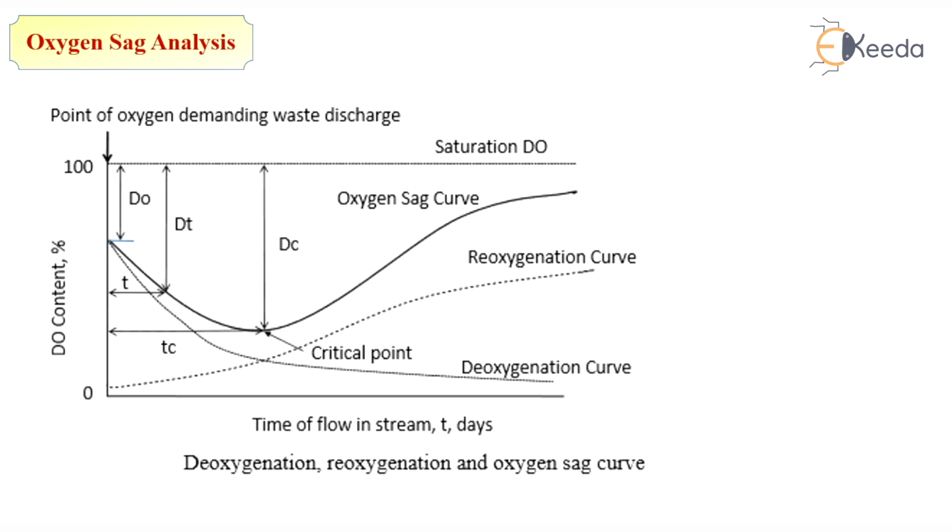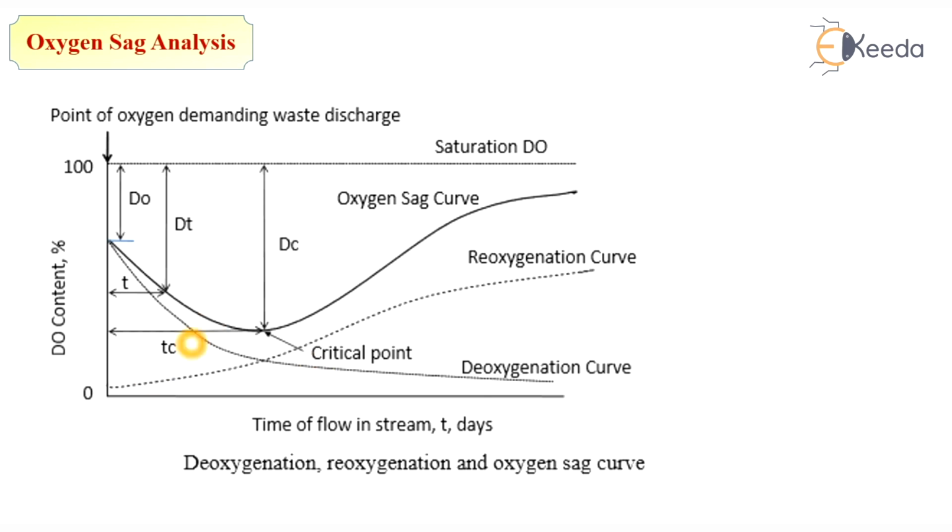This oxidation process is continuous till the end, and there is no recirculation of oxygen by the action of photosynthesis. That's why this curve shows a decreasing order. So this is called the deoxygenation curve.